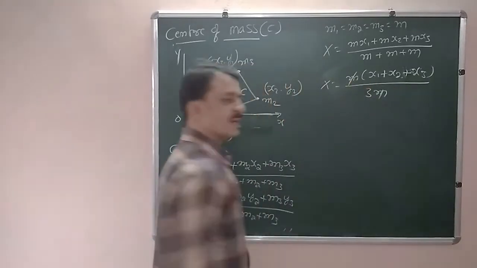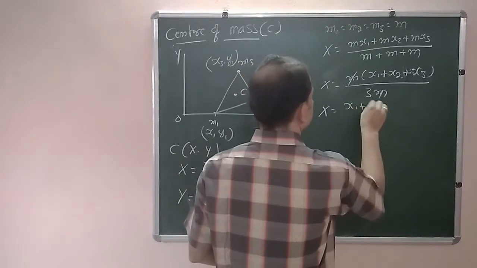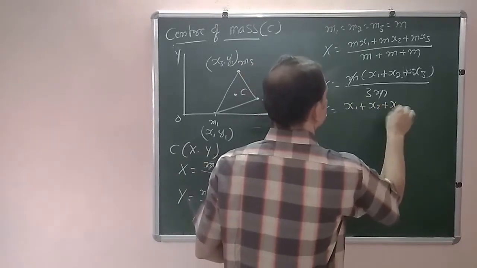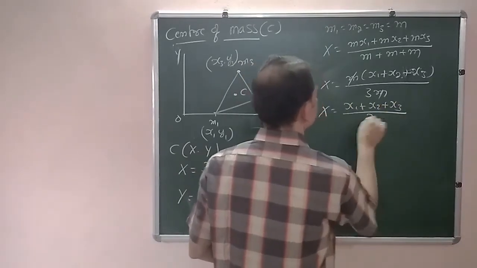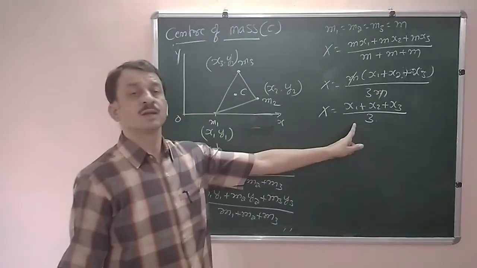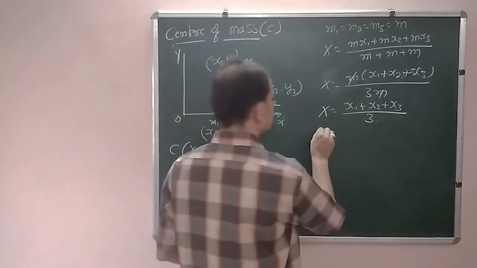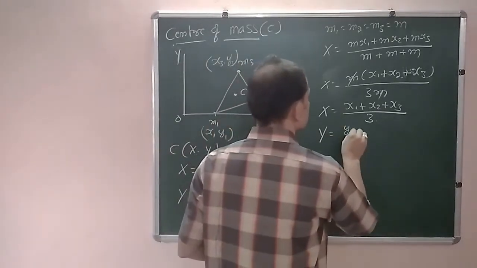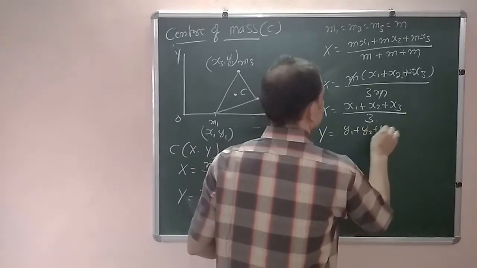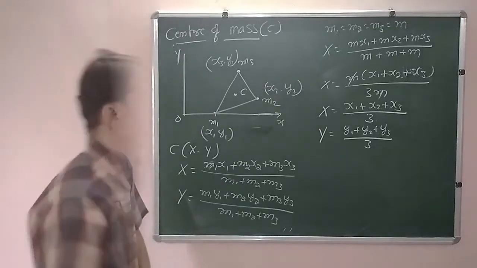Now m cancels. So X is x1 plus x2 plus x3 divided by 3 if all the masses are equal. The same thing is obtained for the y coordinate also: y1 plus y2 plus y3 divided by 3.